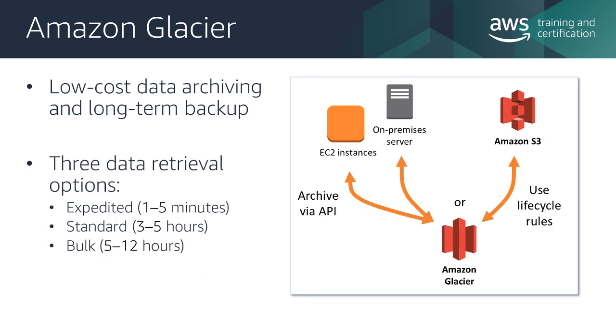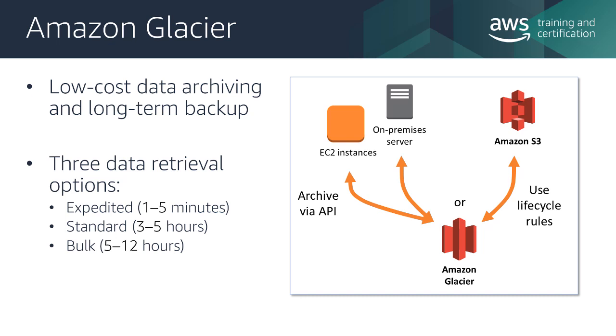We look at Glacier. This is engineered for low cost, long-term backup, massive durability. So same 11 nines of data durability, has additional security controls in it, especially to prevent deletion. The key difference for Glacier, what makes it inexpensive, is retrieval times.